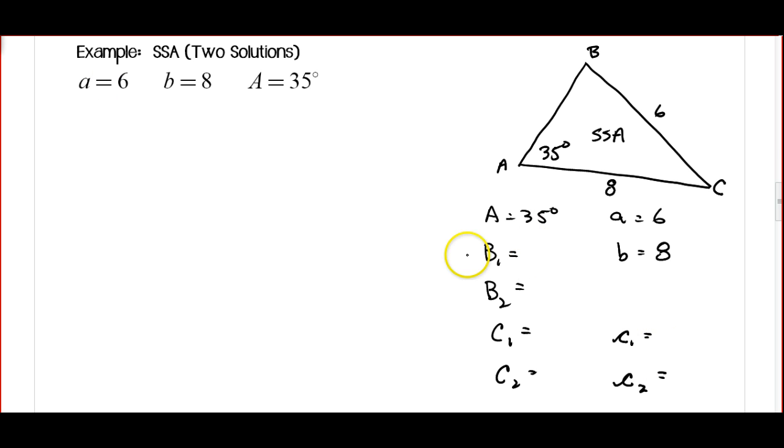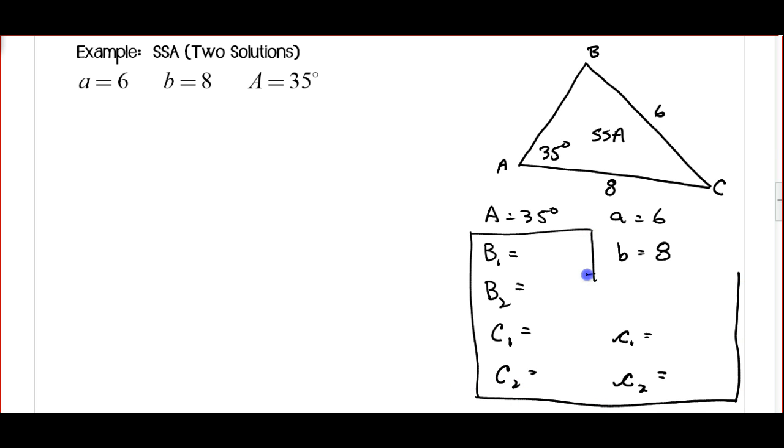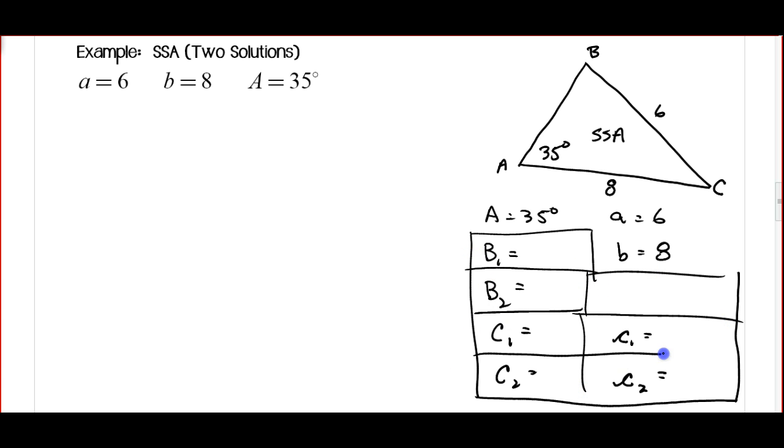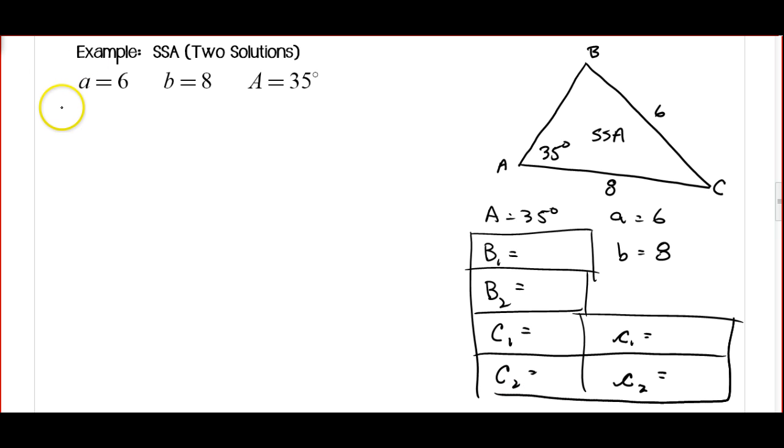Alright, so let's go ahead and find angle B1 first. These are the things that I want to find over here. So I've got sine of B1 over 8 is equal to, and I know A and side A, so sine of 35 over 6.